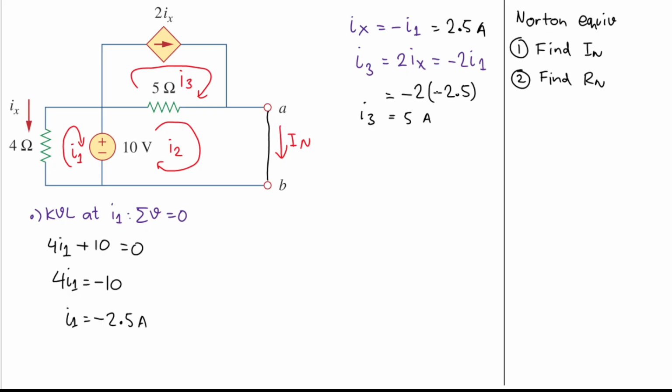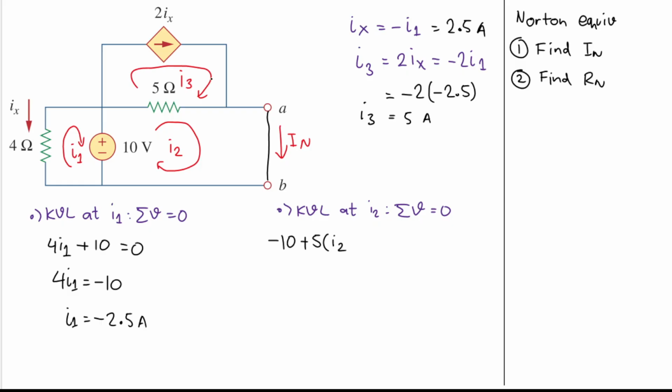Now that leaves us with KVL on I2. The sum of the voltages in the loop equals 0. Let's start from this 10-volt voltage source, so I will have minus 10, and then plus 5 times I2, which came first.